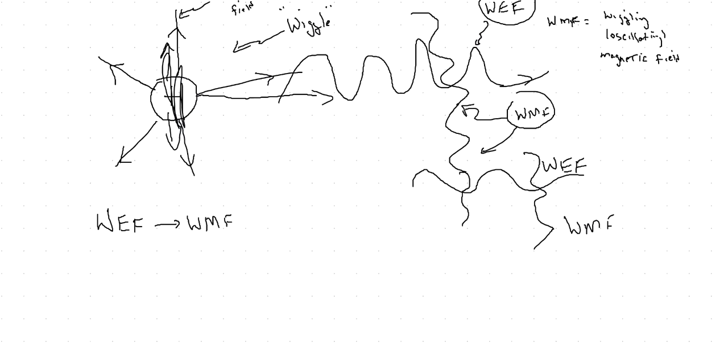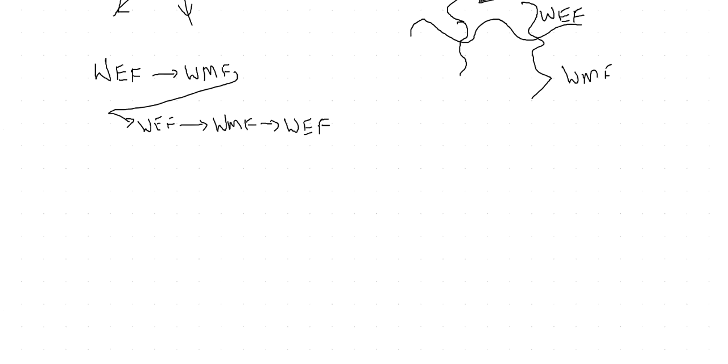But the wiggling magnetic field produces a wiggling electric field. But the wiggling electric field produces a wiggling magnetic field. Okay, you get the idea, right? So together, what we produce is a wiggling or oscillating electric field, and we get a wiggling magnetic field because they each produce each other.